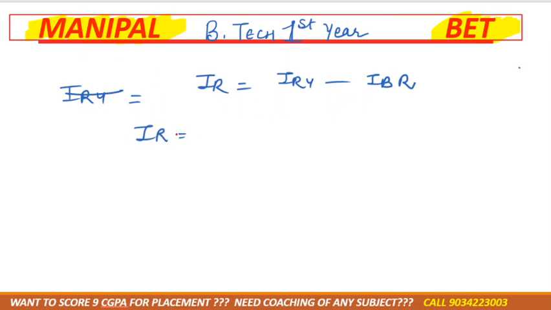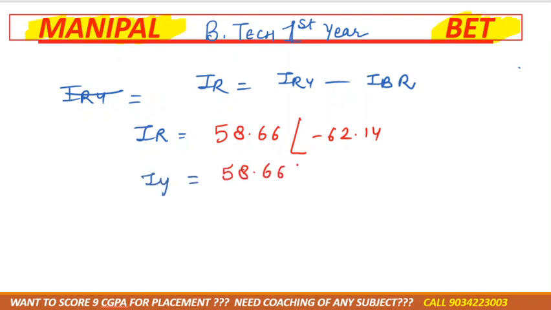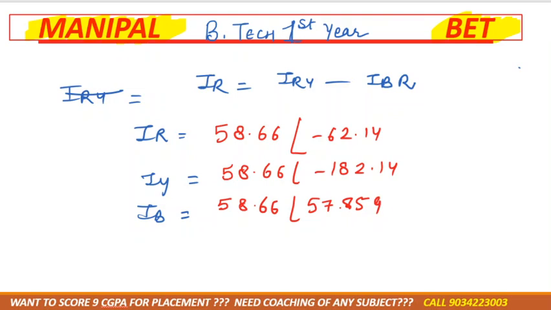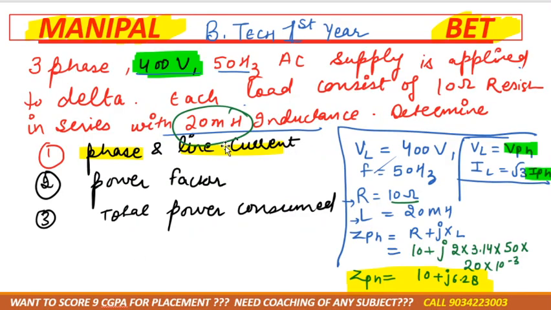IR, you can do it in your homework and tell me if there is any doubt. 58.66 angle minus 62.14, and IY you will get as 58.66 angle minus 182.14, and IB you will get as 58.66 angle 57.859.